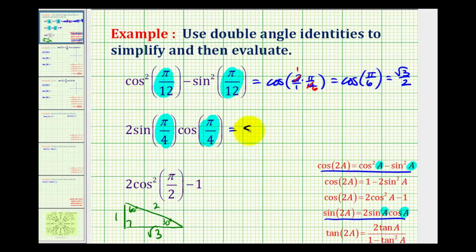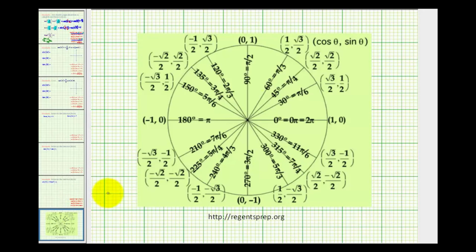So this is equal to sine of 2A, or 2 times pi over 4. Again, this simplifies nicely. So this equals sine of pi over 2, which is equal to 1. And we can verify this if we need to on the unit circle. Here's pi over 2 radians. On the unit circle, sine theta is equal to y. So sine pi over 2 is equal to 1.